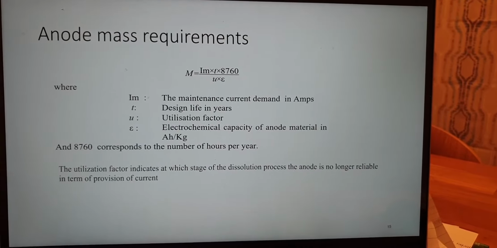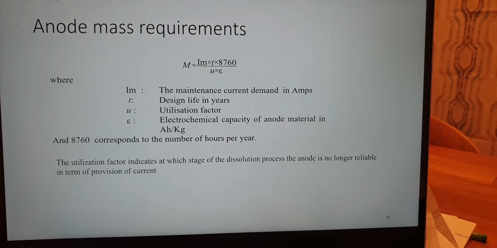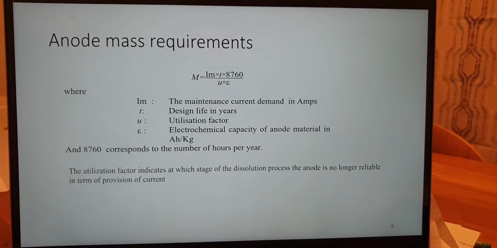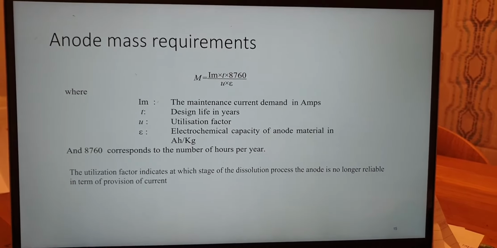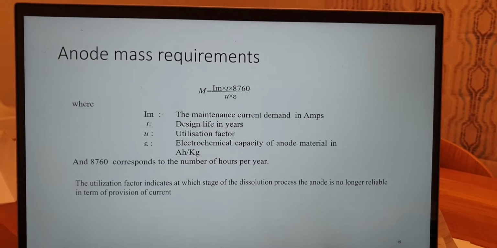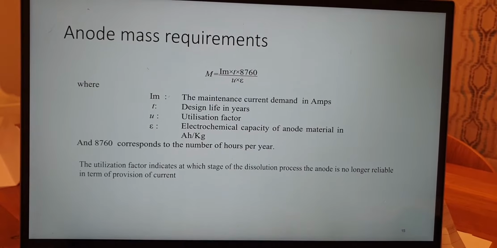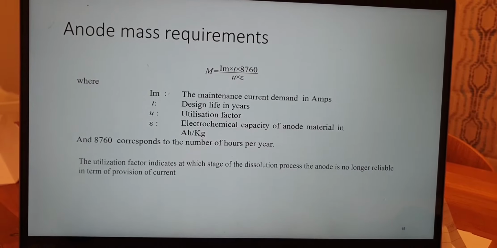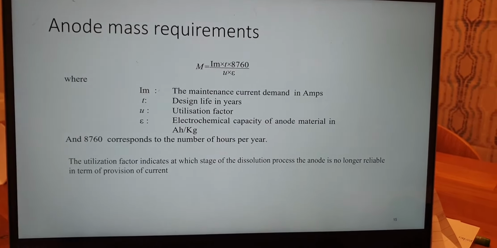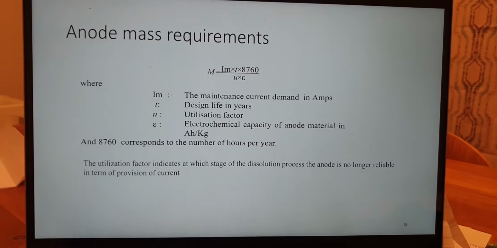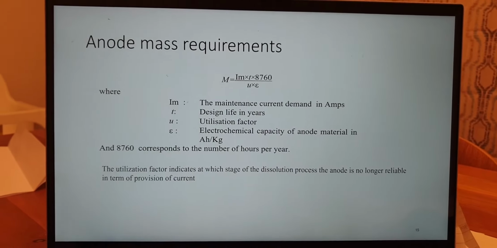The mass requirements. Of course, if the anode is heavier, it will have more output. So we need to determine which mass we need to have to find the anode that fulfills the needs to protect the specific structure.